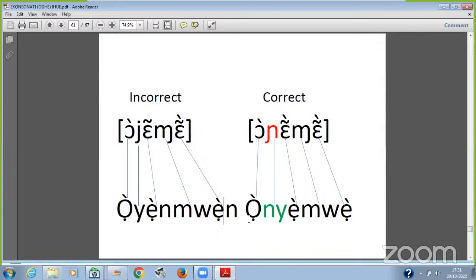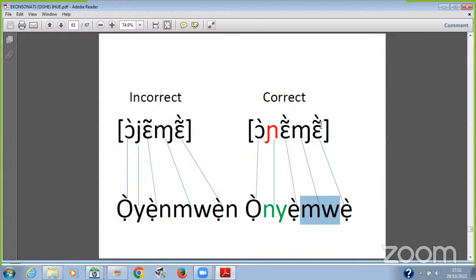O written with the letter O with a subdot, and then you have the N written with the digraph NY, and then you have the E, that's the E with a subdot, representing the E, which is the result of nasality, that's rightward nasal spread, and then MW representing the sound me, which spreads nasality onto the next vowel, making it a nasalized vowel.